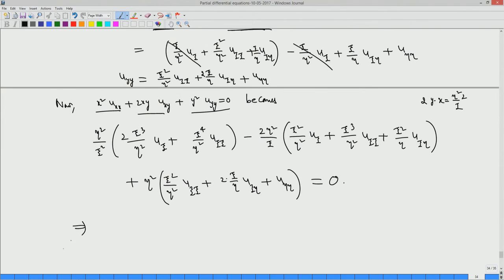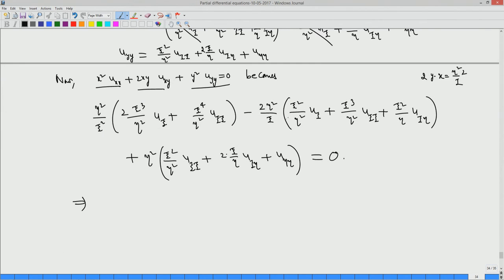We simplify. You can see that this xi square goes, xi goes, 2 xi u xi. Here xi square eta square. So again here 2 xi u xi, here minus 2 xi u xi. So this gets cancelled. And what happens to this part, u xi part, xi cube? So this goes. So eta square goes, xi goes.